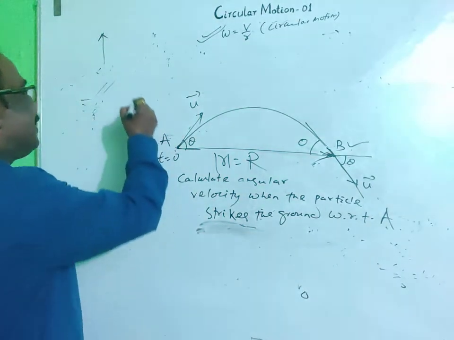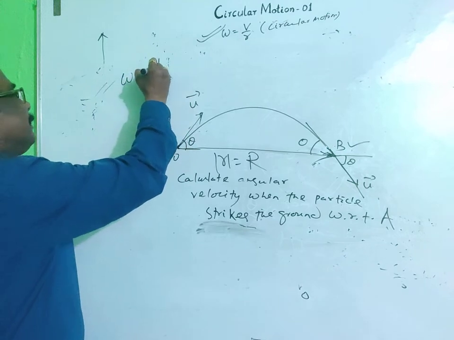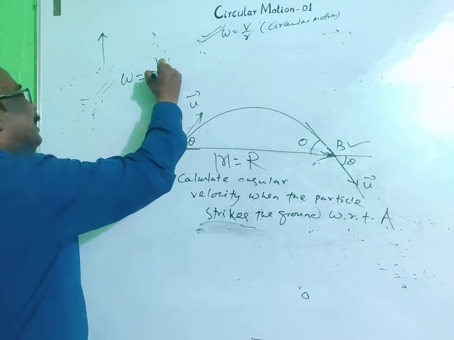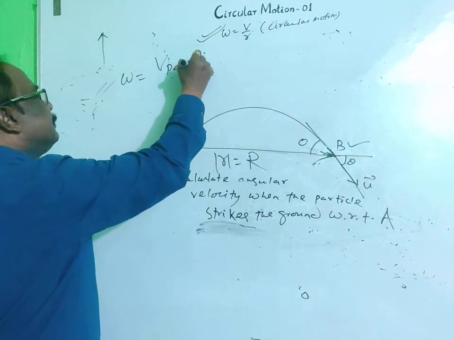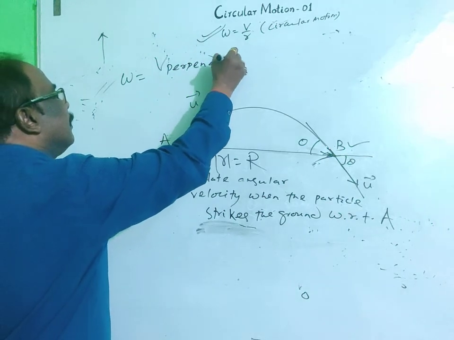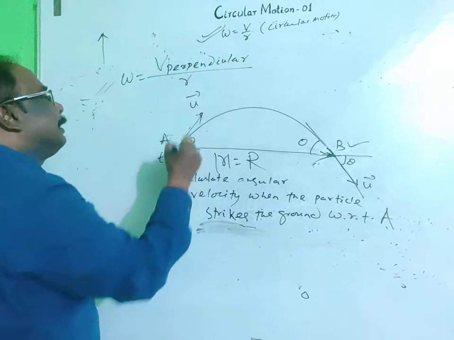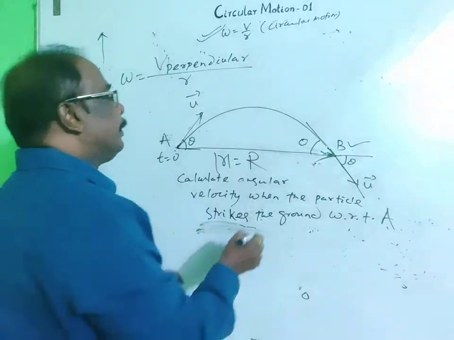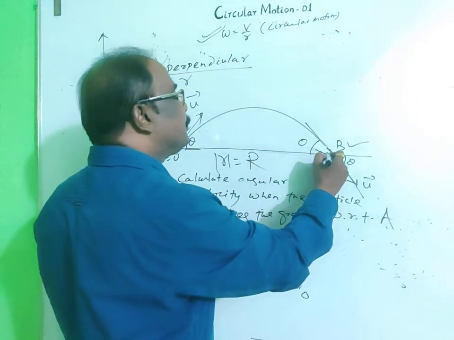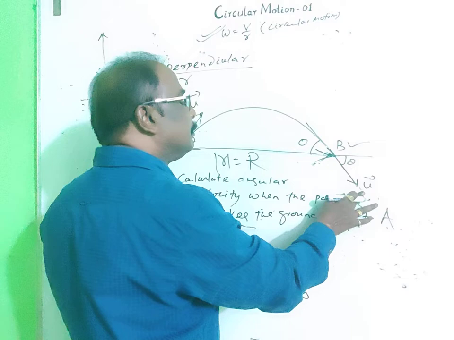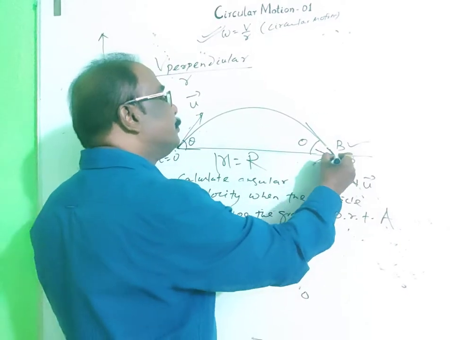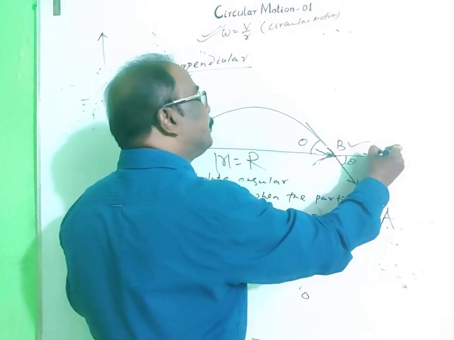Okay. Then angular velocity. What is angular velocity? Perpendicular component of velocity, V perpendicular, divided by the magnitude of the position vector. This is the direction of the position vector. This is the velocity of striking. So this component is u cos theta.